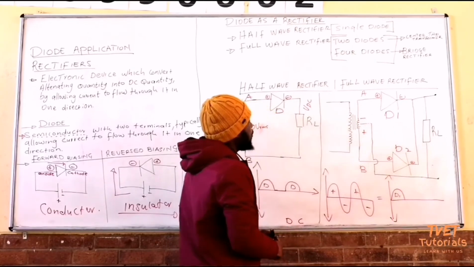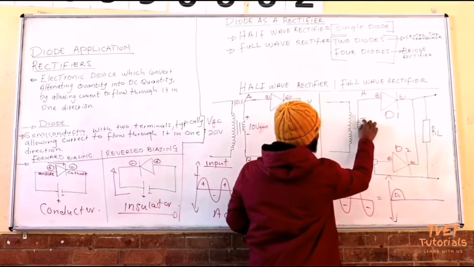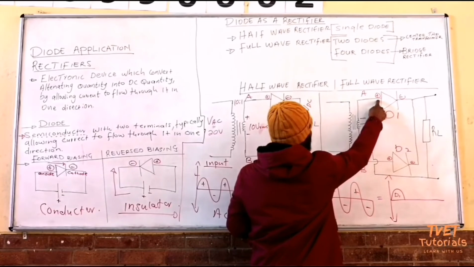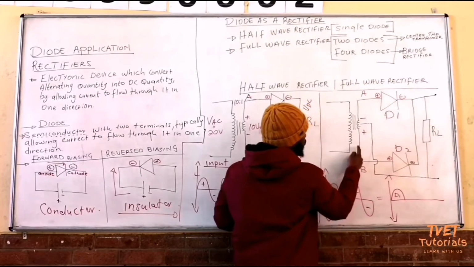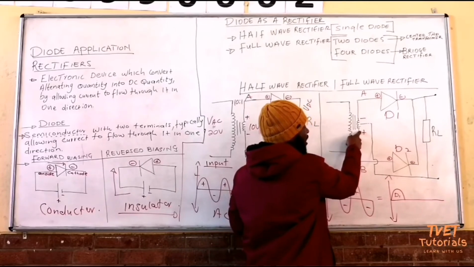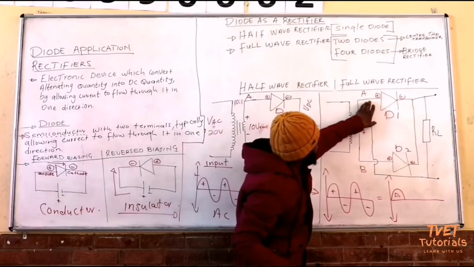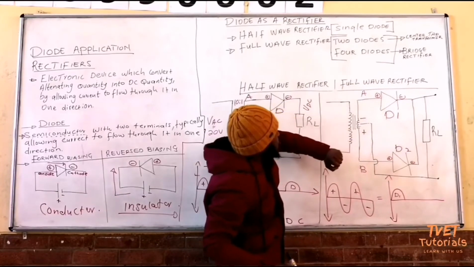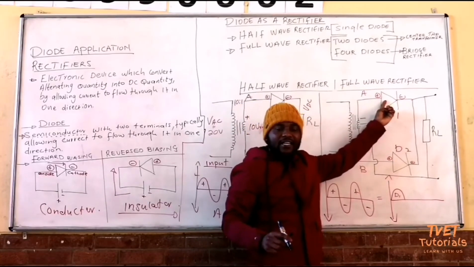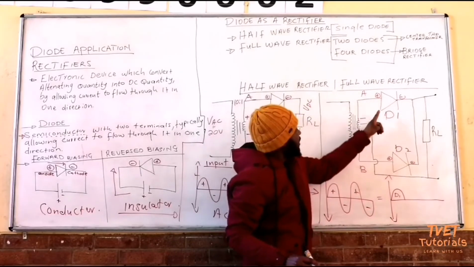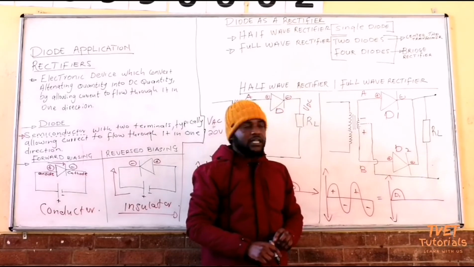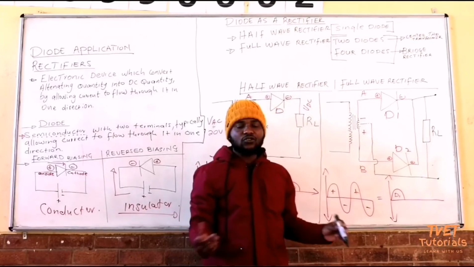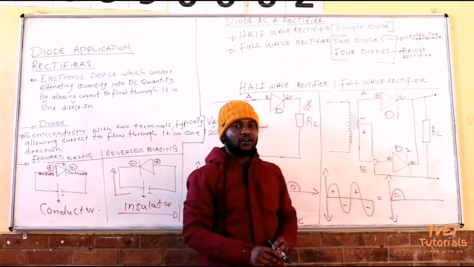You can see that this one is negative, connected to the positive terminal of the diode, and this one is positive, connected to the negative terminal. So during the negative half cycle, the diode D1 is connected in reverse bias mode. It operates as an insulator. It does not conduct. It blocks the flow of current.